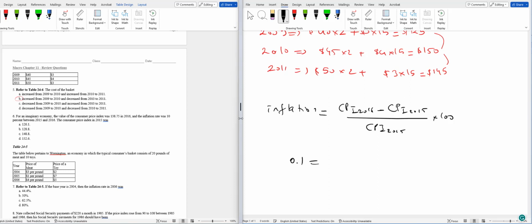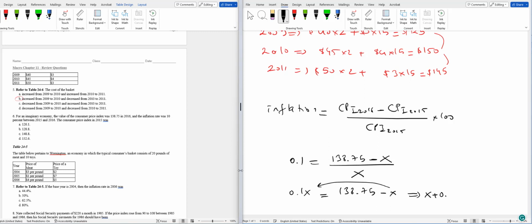And I know CPI in 2016, 138.75 minus, I don't know CPI 2015 and I want to find out, therefore it's X, divided by X. So this is now a simple college algebra question. 0.1 times X is equal to 138.75 minus X. And now we can move X to the other side and the sign of the X is going to change.